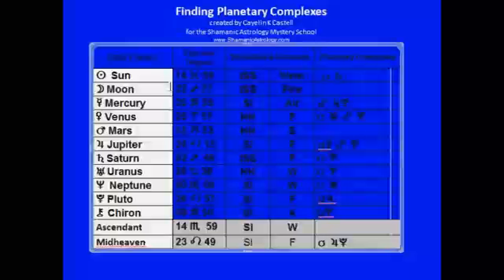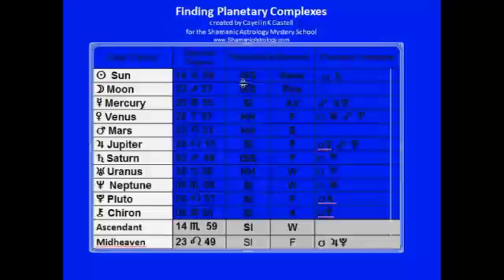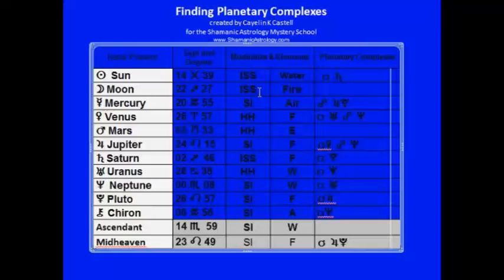looking for the aspects. I have, in service to spirit, the Sun and the Moon actually square, but in this one we're really looking for the outer planets. So we're going to start with Jupiter and see what Jupiter might be aspecting. And of course, I have Jupiter opposite Mercury and Pluto.